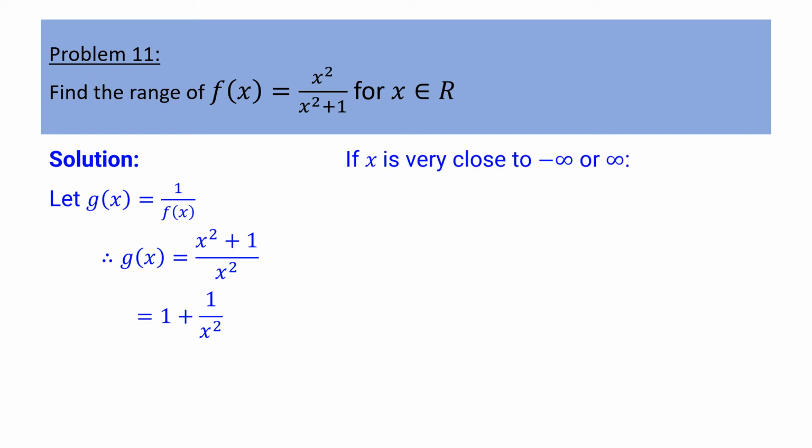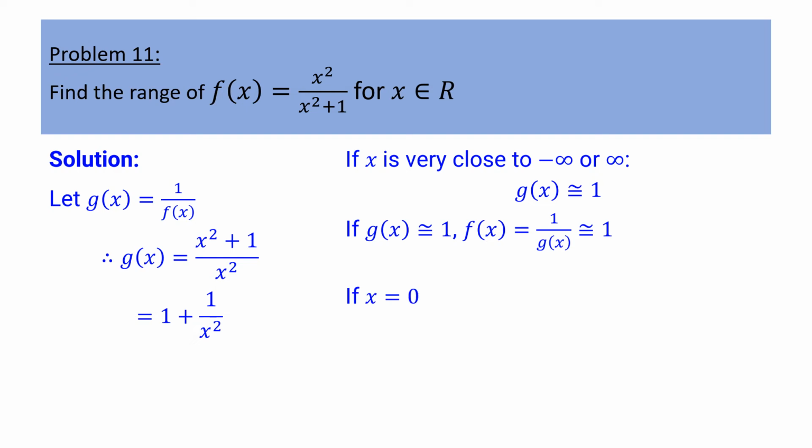Now, if x is very close to minus infinity or plus infinity, x square will be very close to plus infinity. And if x square is close to plus infinity, 1 by x square will be tending to 0. That means g(x) will be approximately 1. Now, if g(x) is approximately 1, f(x), which is equal to 1 by g(x), will also be approximately equal to 1.